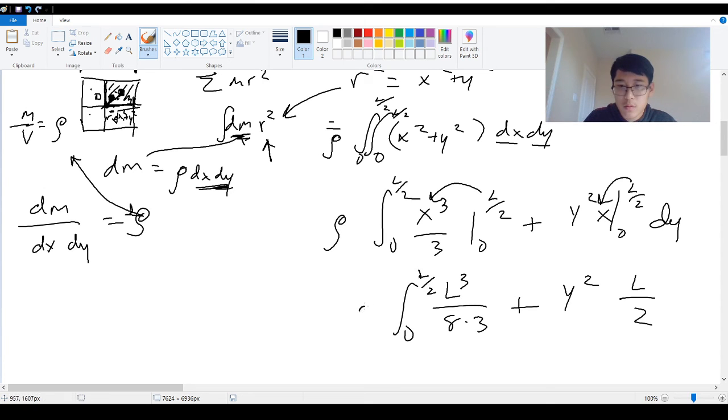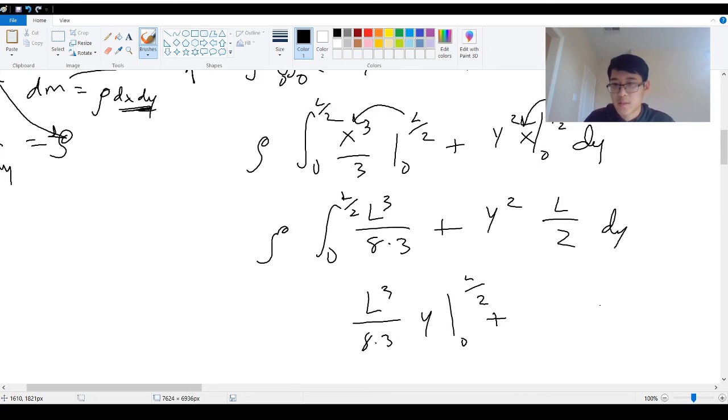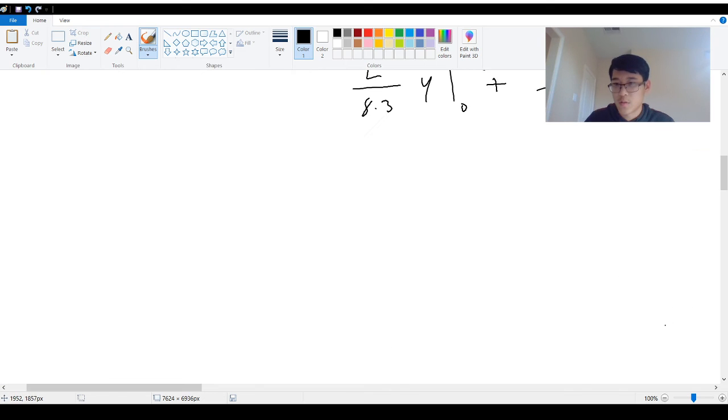Density dy. So if we integrate in terms of y, then this is just L cubed over 8 times 3 times y, taken from 0 to L over 2, plus y cubed over 3, taken from 0 to L over 2, times L over 2.